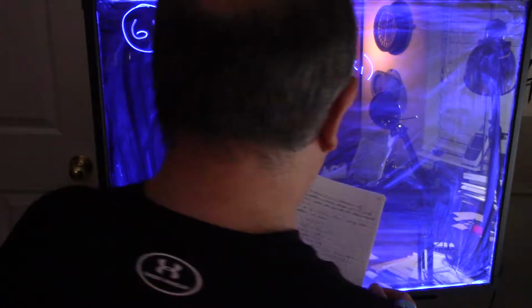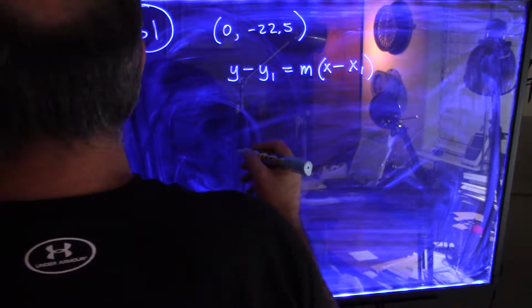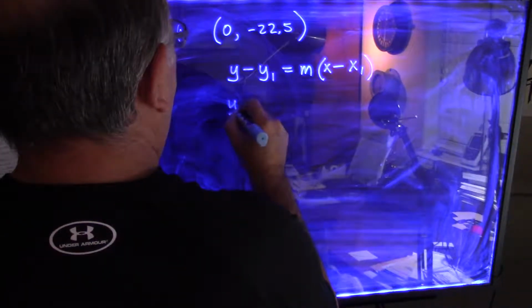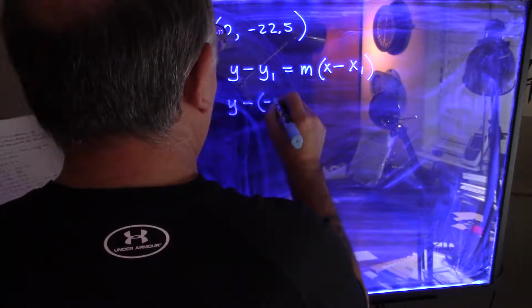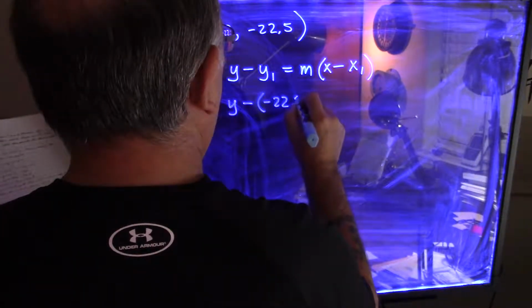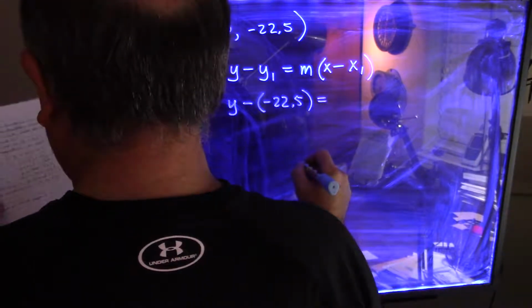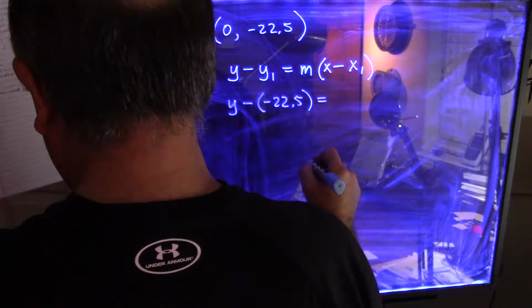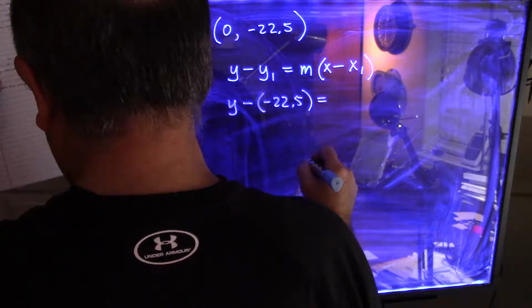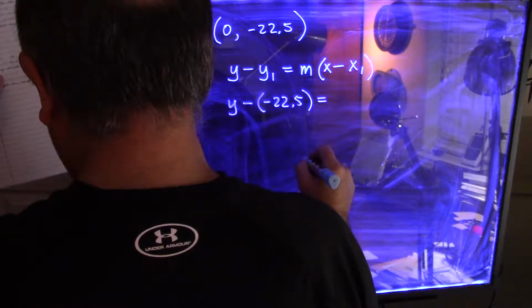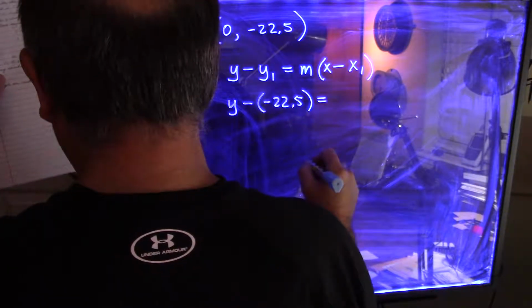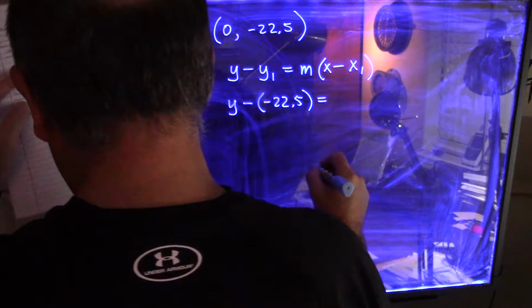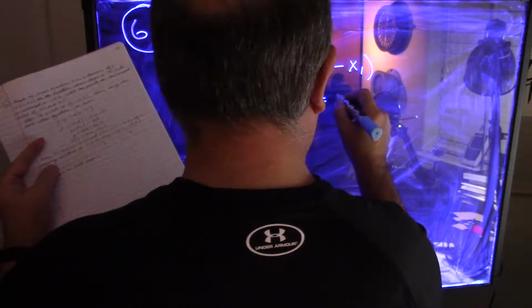So we've got y minus negative 22.5, that's your y1, equals the slope, which was 75, not negative 22.5. Okay, 75.